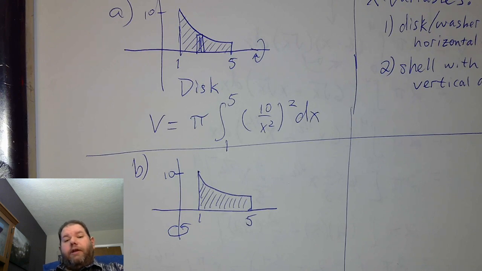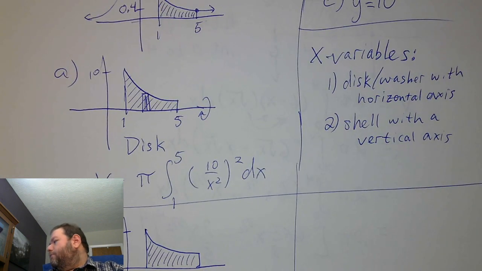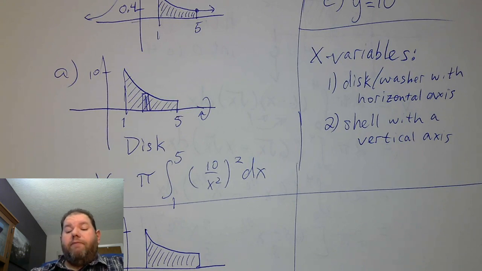So if we're going around the y-axis, which method would we like to use in this case? Shell, right.